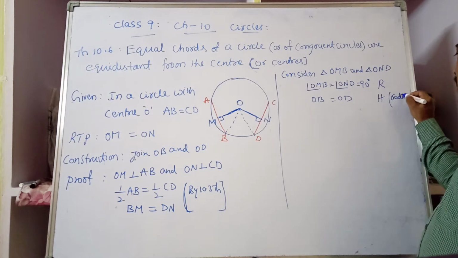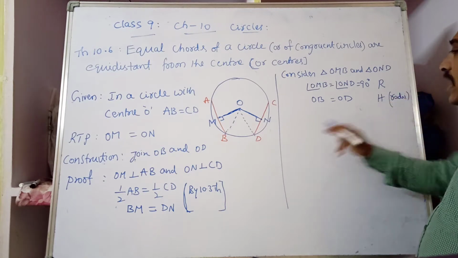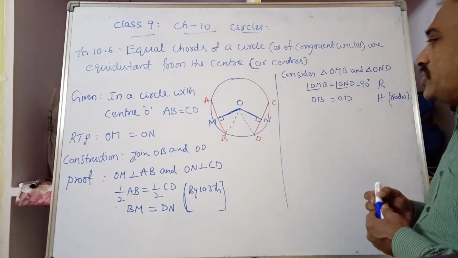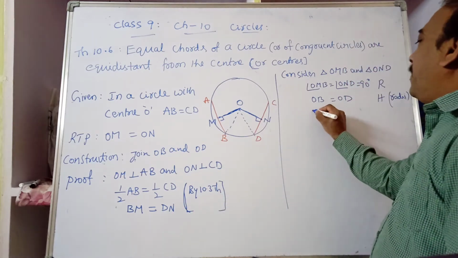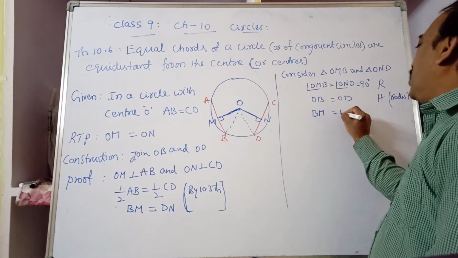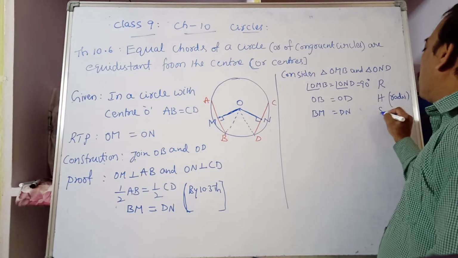Radii of the same circle. Next, just now we proved that BM is equal to DN. This is one side.